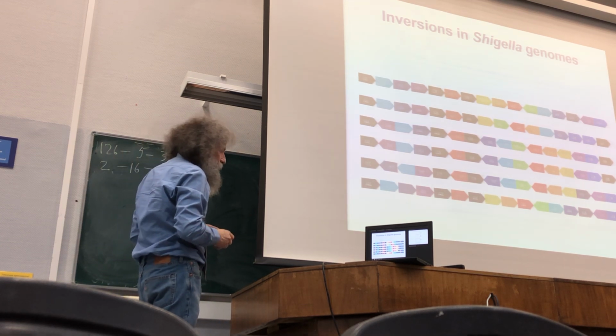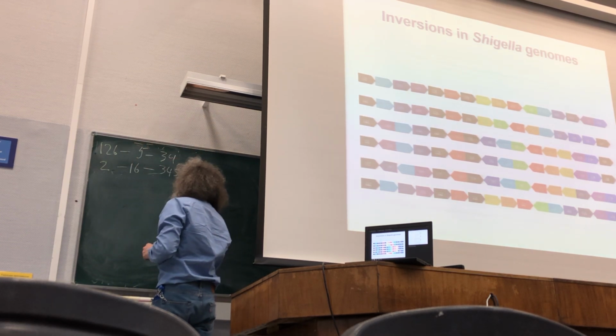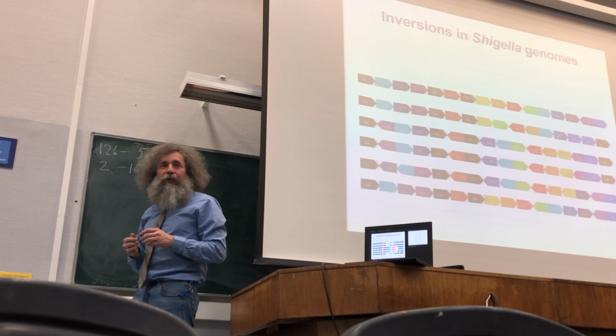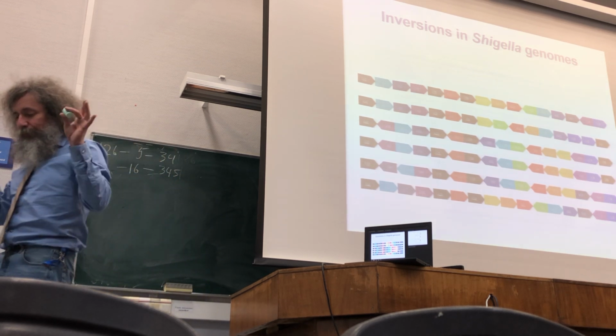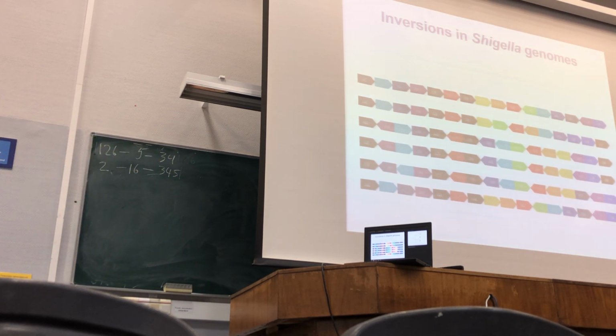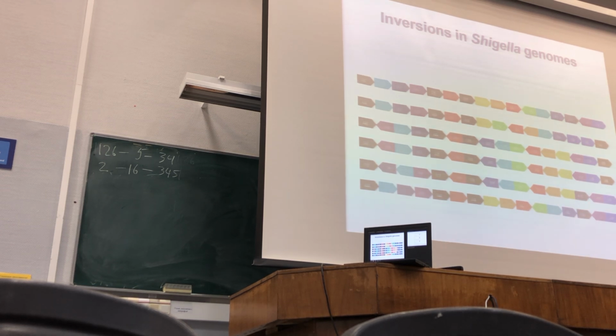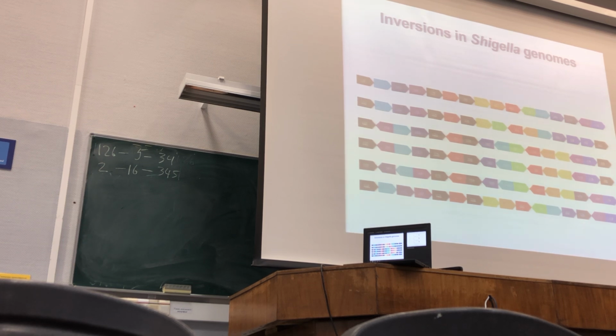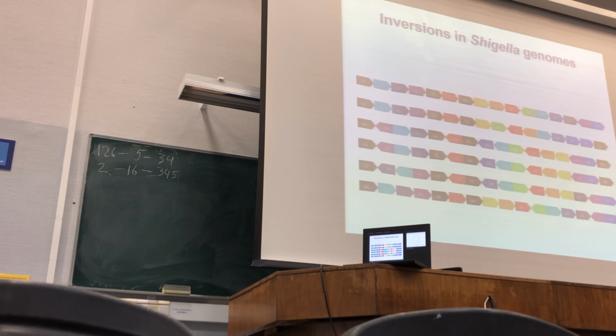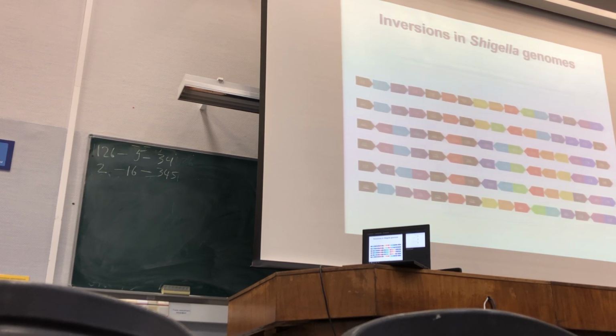Now, given that these two different regions, can't we find some compromise between them? No. In this particular case, no. Yeah, but could there be several rearrangements that could produce it?